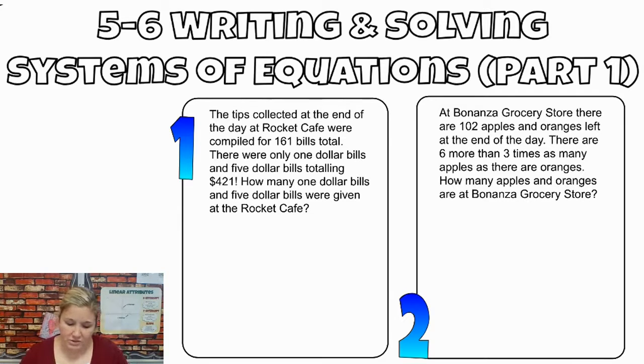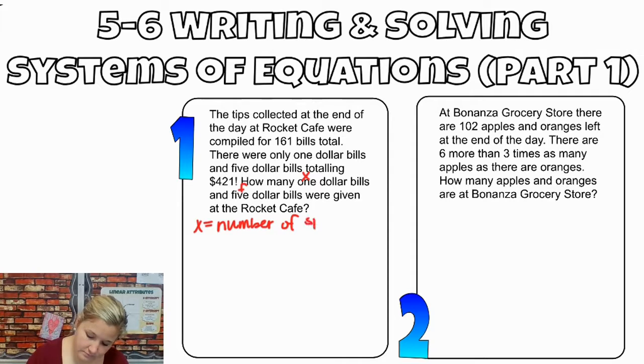So I'm going to say X for $1 because I don't want to use O. X is going to be the number of $1 bills, and F is going to be the number of $5 bills.